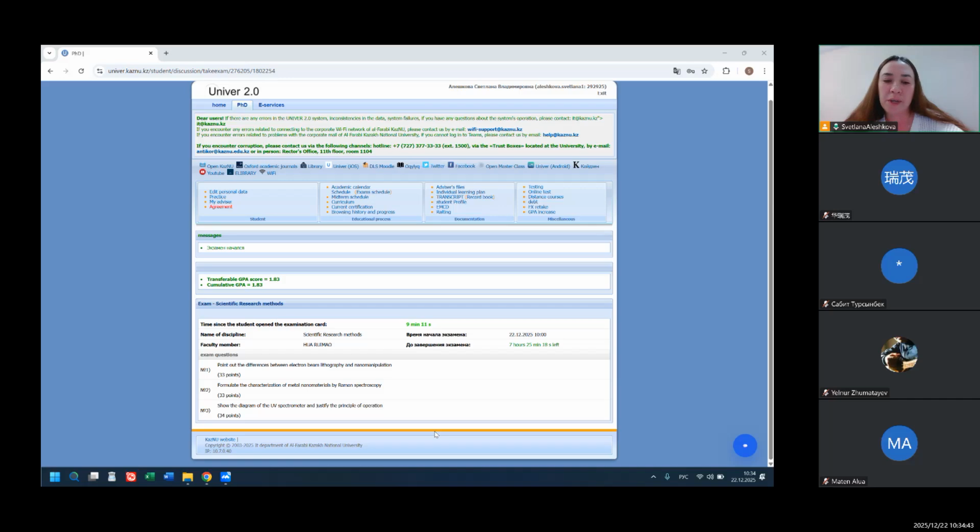All these methods are very useful while doing the research, especially in nanotechnology, and we have the opportunity to use them in our university. The first point is to prepare the specific samples.